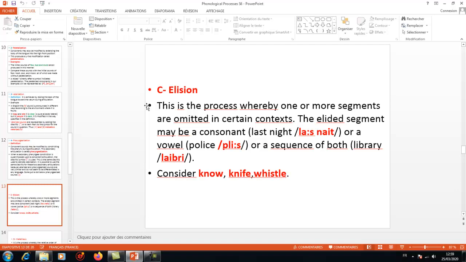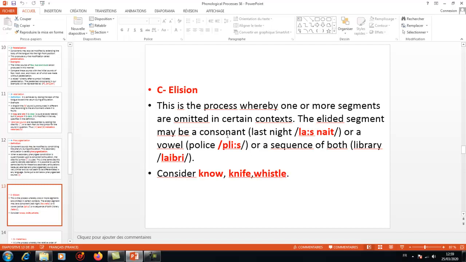Now, the third process is the one that we call elision. This is the process whereby one or more segments are omitted in certain contexts. The elided segment may be a consonant, for example, last night. What you obtain normally in rapid colloquial speech is not /last naɪt/, but /las naɪt/.